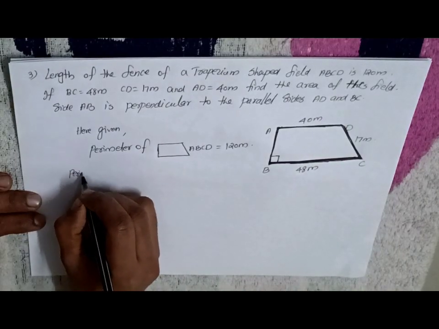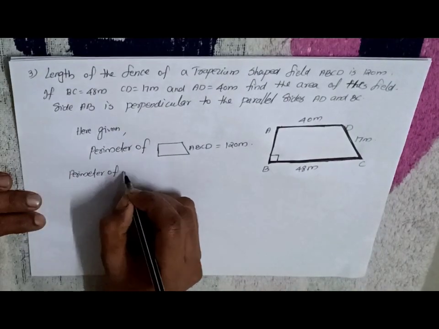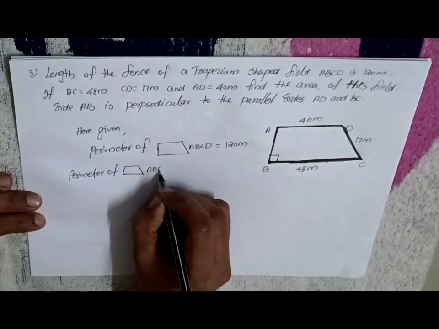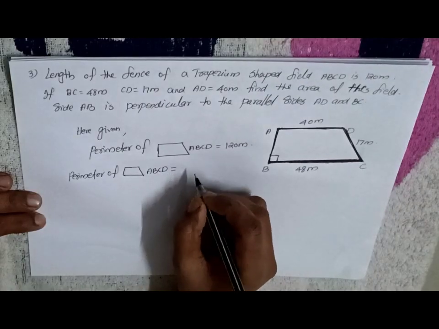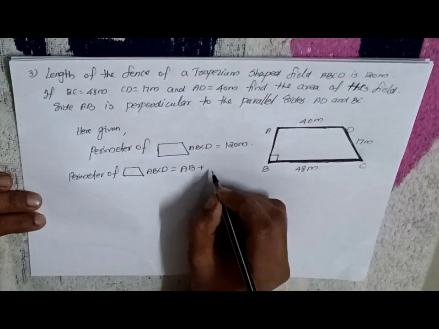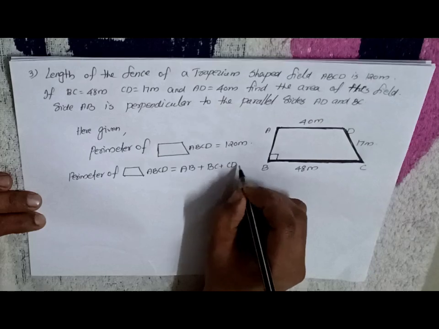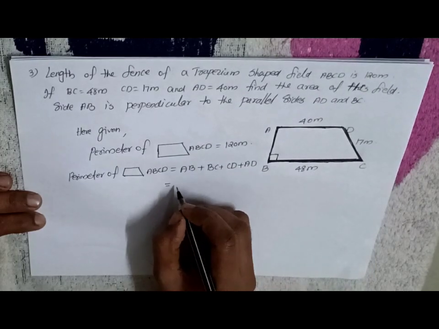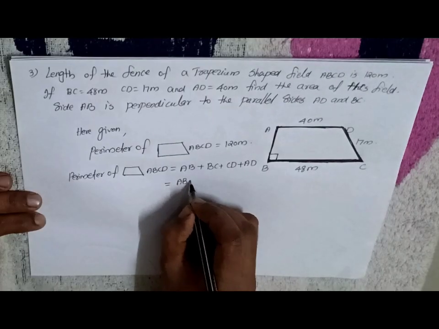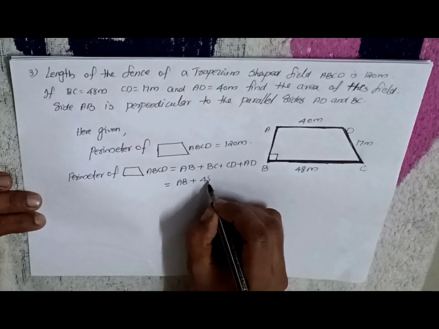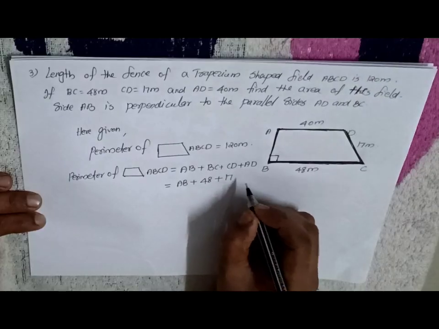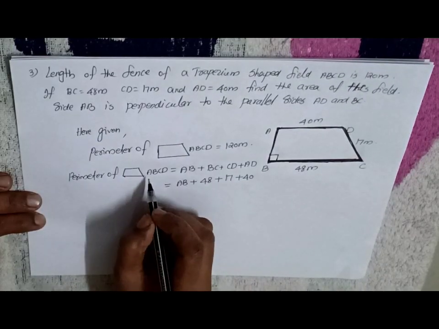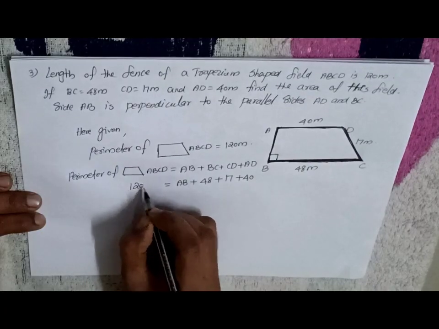Therefore, perimeter of trapezium ABCD equal to AB plus BC plus CD plus AD. That is equal to, here AB is not given, therefore AB plus BC is 48 meter plus CD is 17 meter plus AD is 40 meter. And also here given the perimeter of the trapezium ABCD is 120 meter.